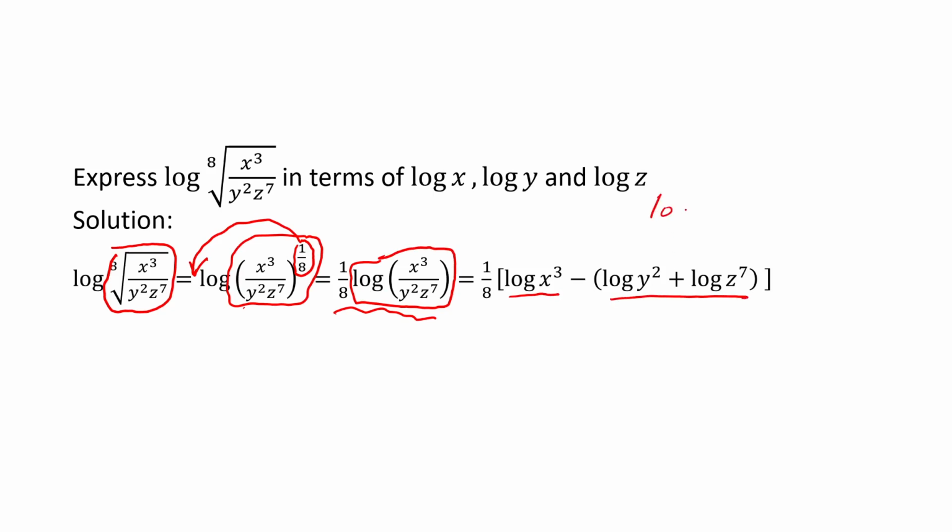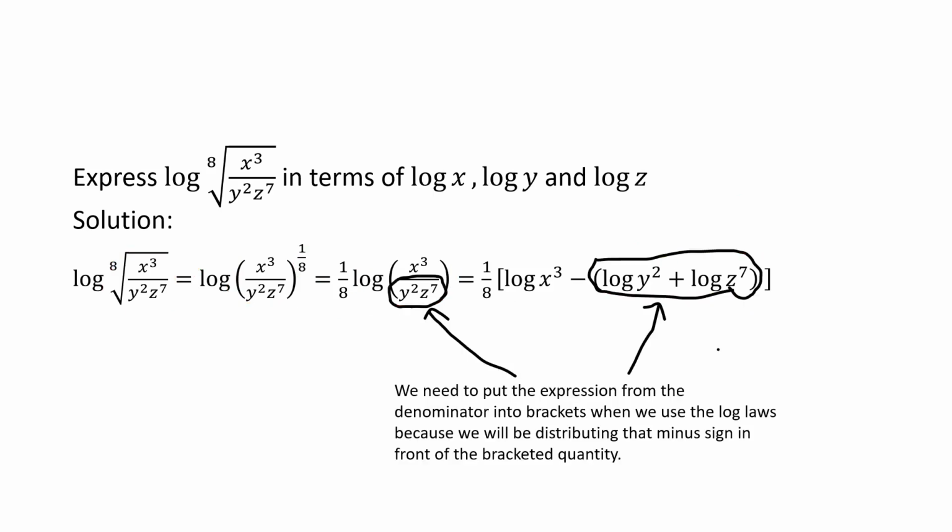Now, instead of expressing the denominator as the log of y squared z to the 7, we can express this using the sum rule, the product rule, as the log of y squared plus the log of z to the 7. So there's a few things going on in this step, but this is what we are able to simplify it to. We're not done, but moving to the next slide, we see that we have a little explanation.